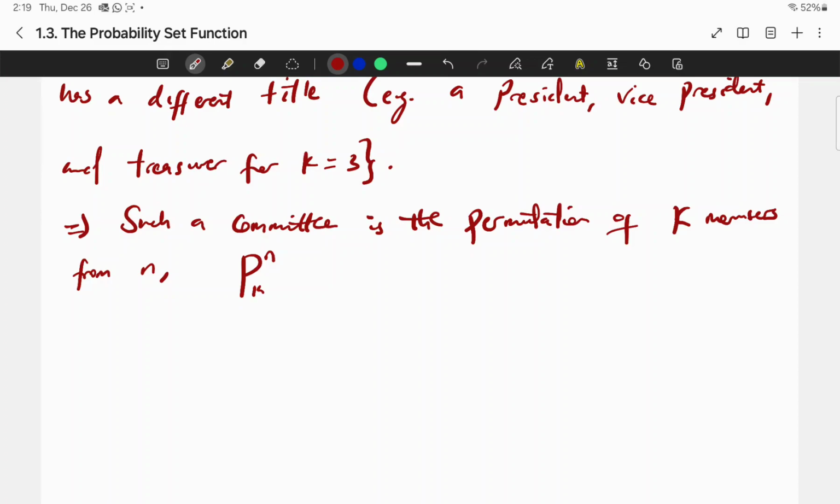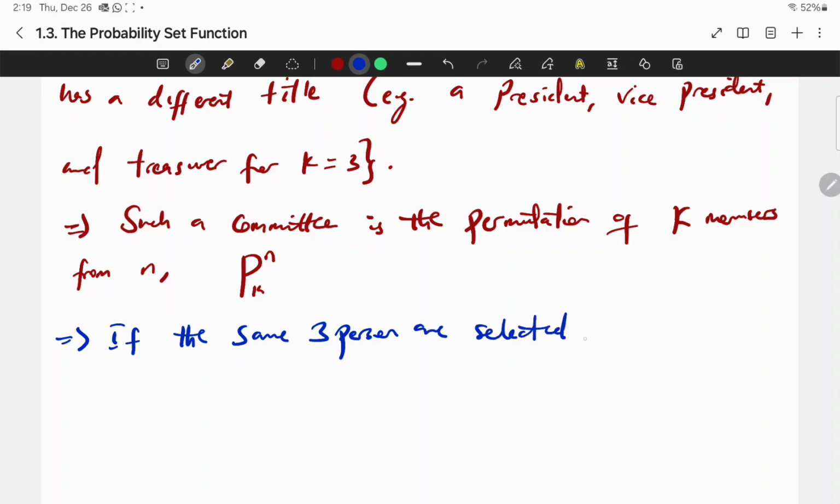So let's say for example, if the same 3 persons are selected, so our permutation, are permuted to receive different titles.